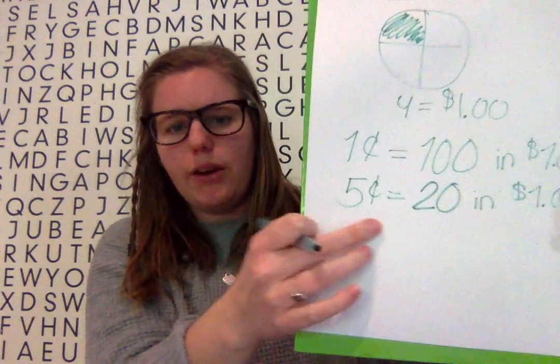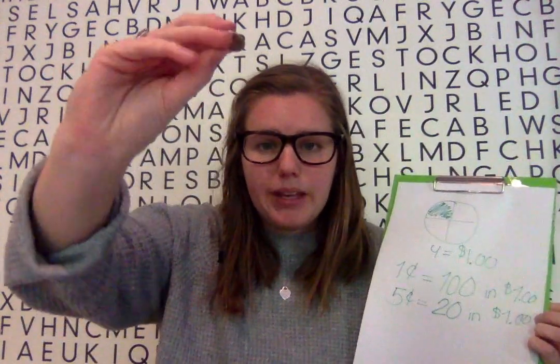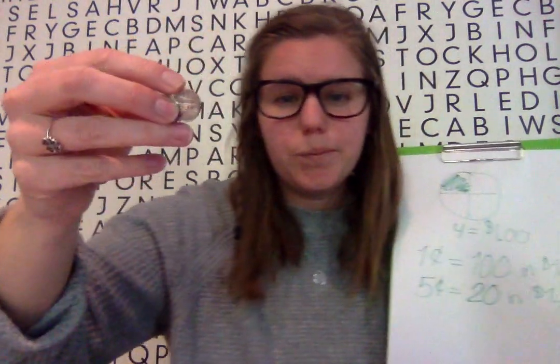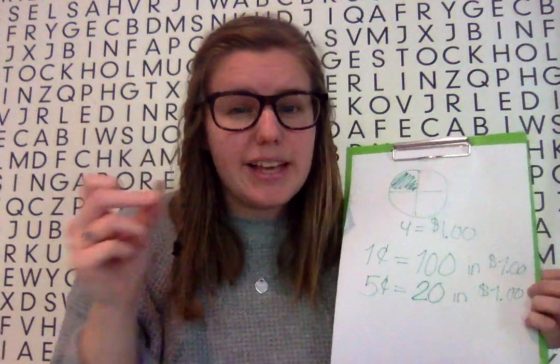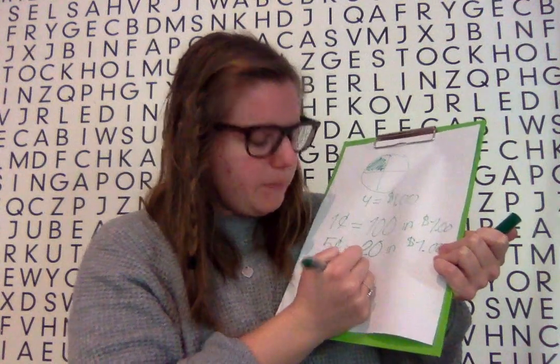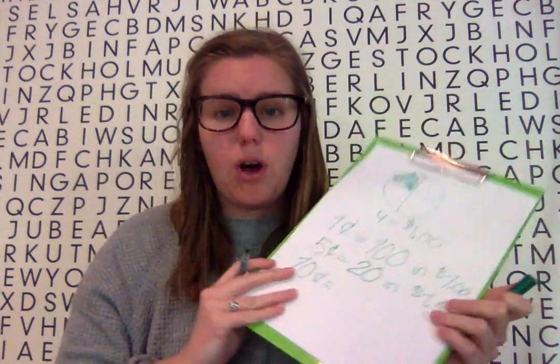20 nickels in $1. The next one is a dime. And who remembers how much a dime is worth? If you said 10 cents, you're absolutely right. A dime is worth 10 cents. So now let's see, how many dimes do we need to make up a dollar?